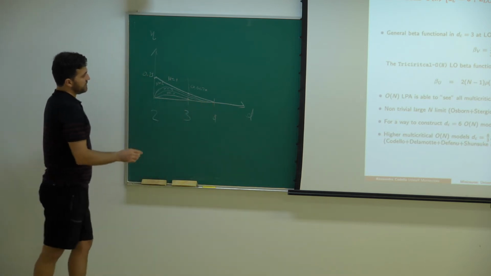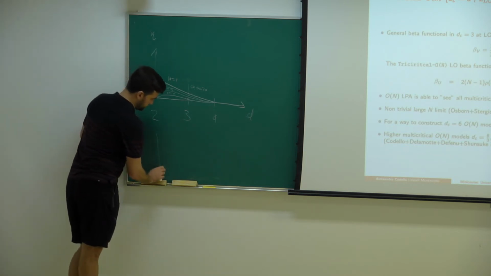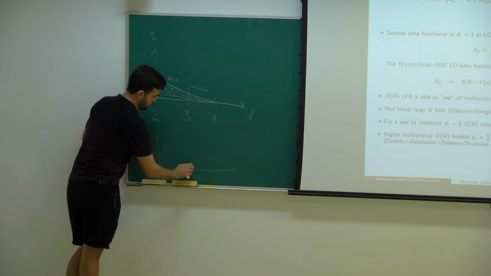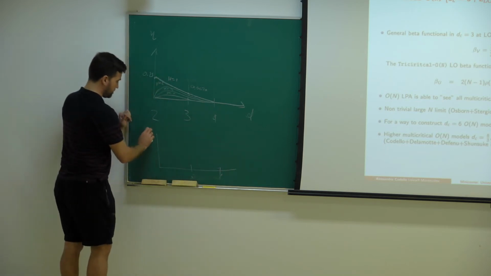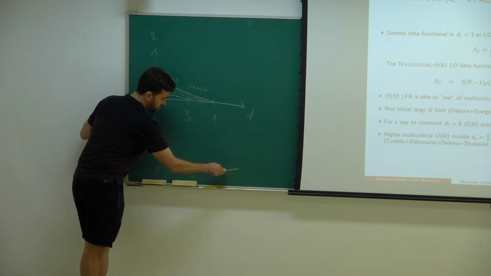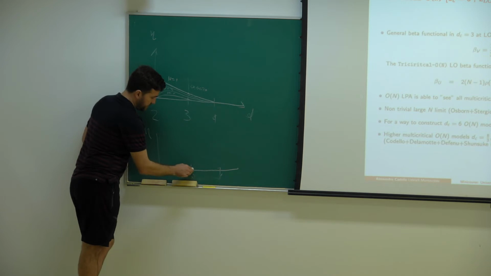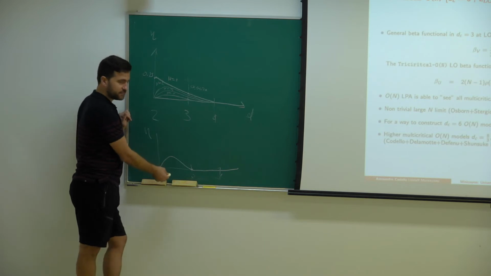But then at the same time, you also have the multi-critical versions that we have now described. The multi-critical versions will be 0 until 3, and then they will come up and somehow they live only in the middle.